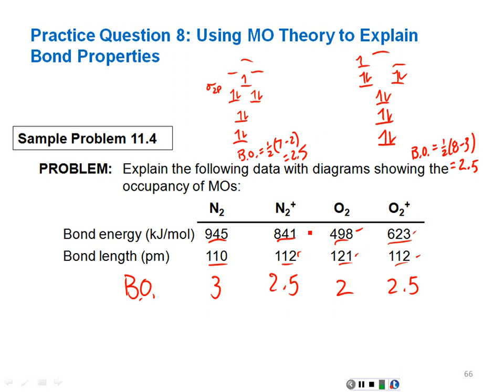Their bond strength is not quite the same, the bond energy, so you can't directly compare them in that sense. But if you compare the bond energy of O2 and O2 plus, or N2 and N2 plus, you see that the higher bond order species has a higher bond energy.